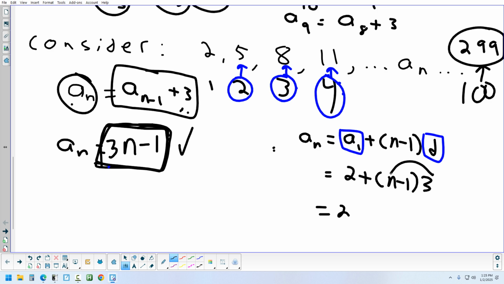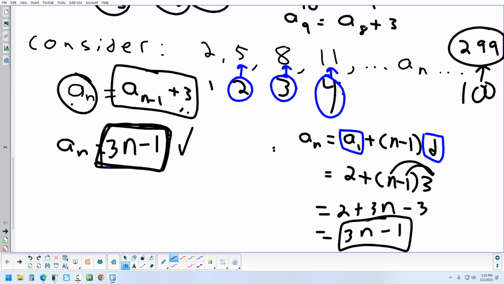Distribute that. What's 3 times n? 3n. And 3 times negative 1? Negative 3. Combine like terms. What's 2 take away 3? Negative 1. It gives us exactly the same answer that we got over here, except you don't have to try to figure it out now. Any questions on that?